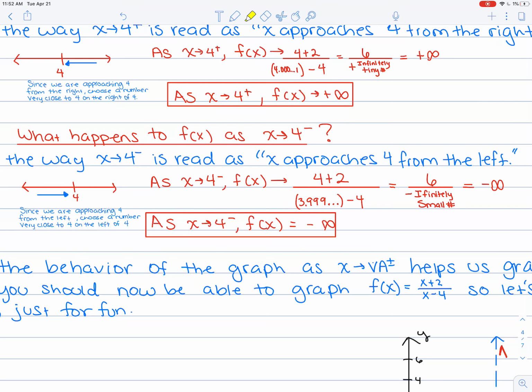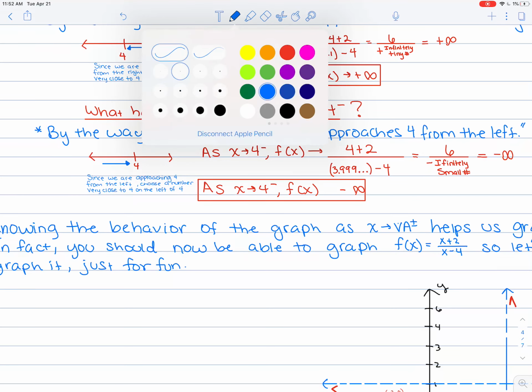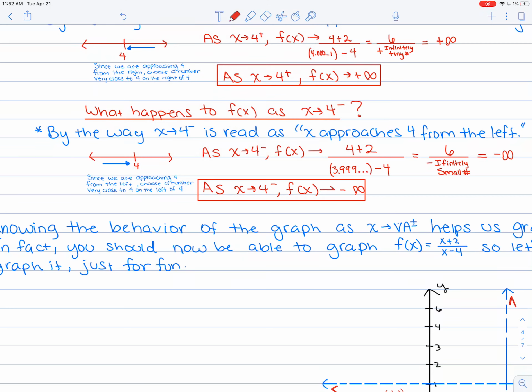Negative infinity. So as x approaches 4 from the left, and notice I made a mistake here, I wrote equals negative infinity. It doesn't equal negative infinity. It approaches negative infinity. As x approaches 4 from the left, f of x approaches negative infinity. We can never get to negative infinity, and that's why it's not equal to negative infinity.